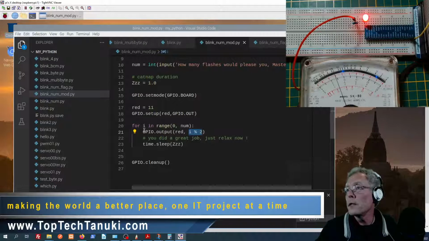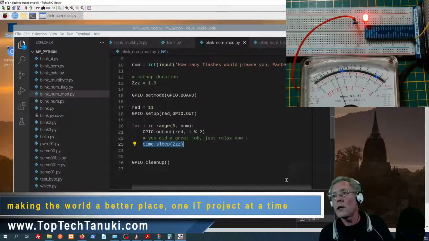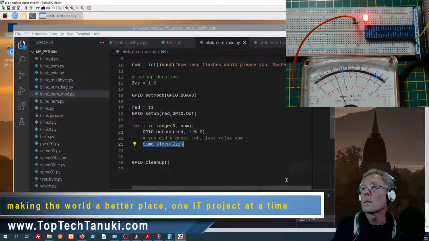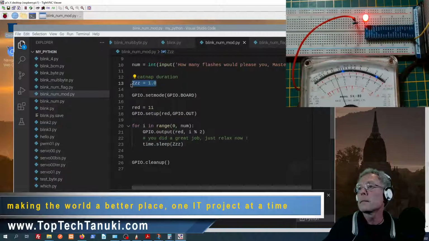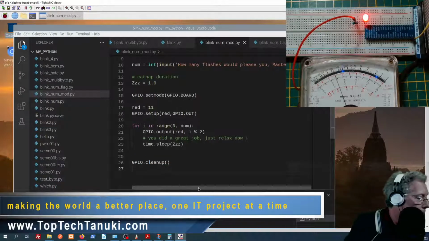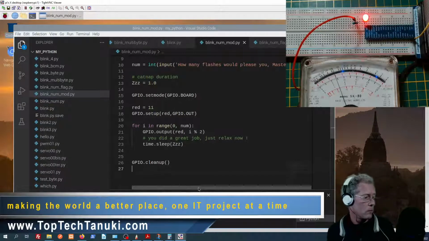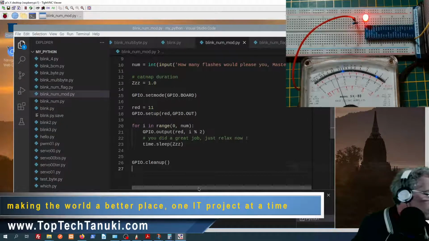Okay, so after each change we just ask here for waiting a certain amount of time, which is defined in line 13 here, and after that we just clean up, and that's it. I just have to change here my board to take this into account.